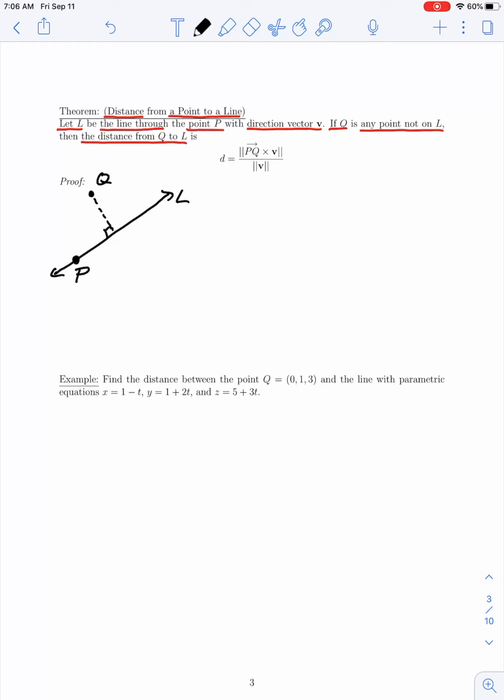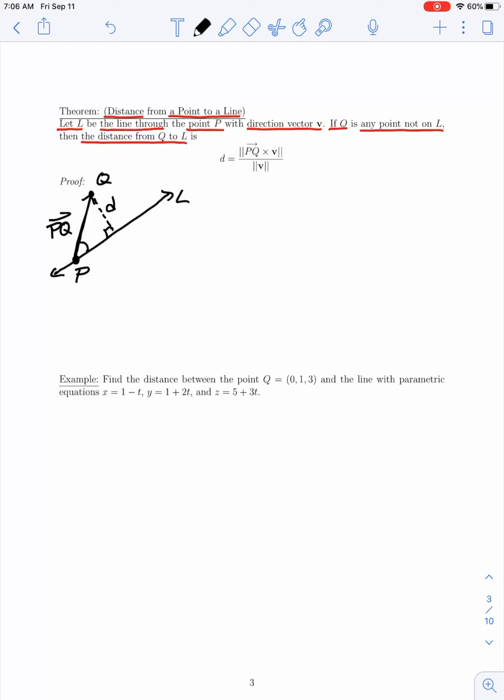So the idea here is the length of this little segment is what we're calling d for distance. And in order to find this, we're going to take a vector from point P to point Q. So here we can see that we're forming a right triangle.